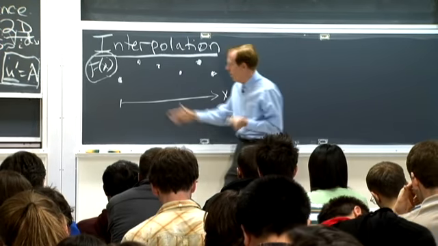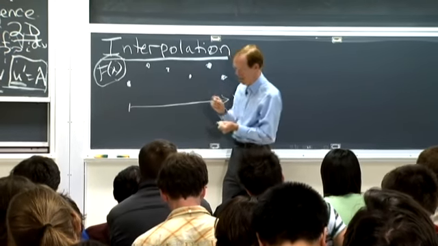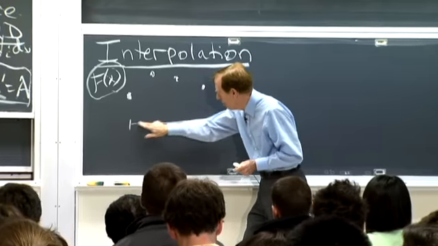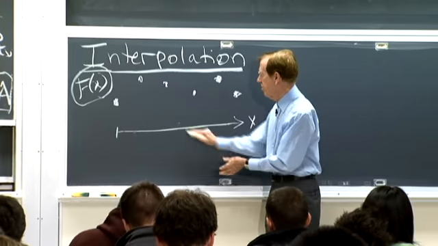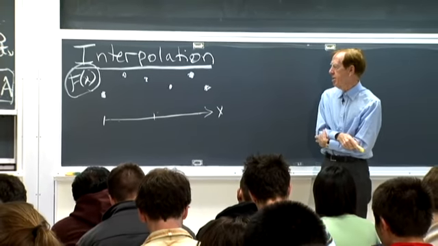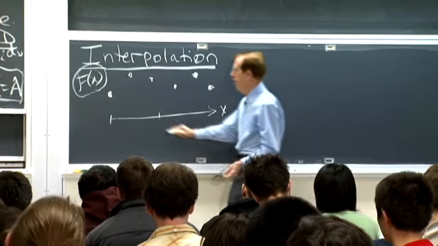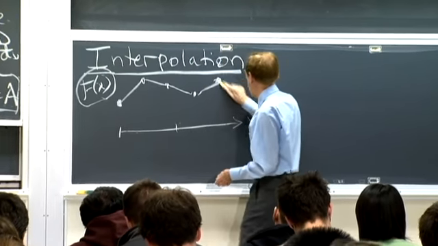In other words, what does interpolation mean? Inter means asking, what about between the points? What value should it have there? Well, one simple rule would be just to interpolate linearly between.